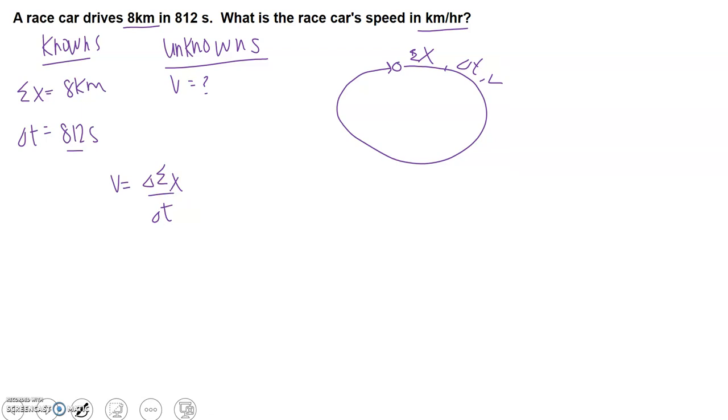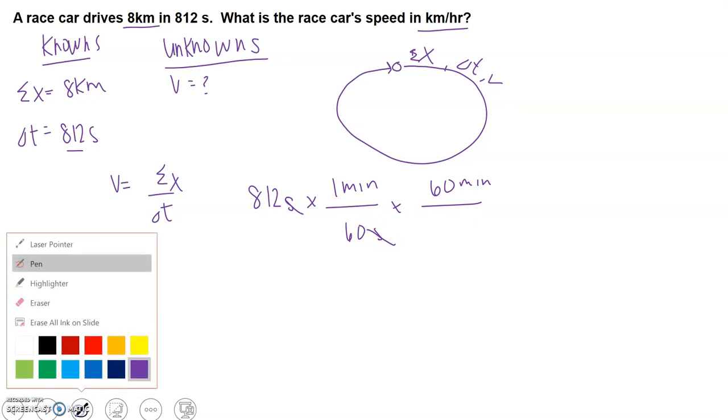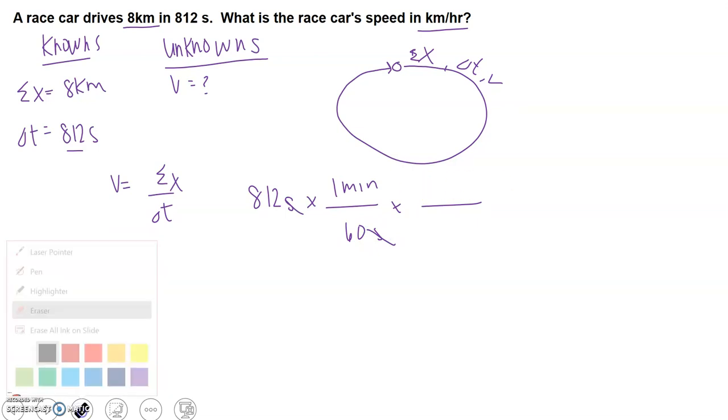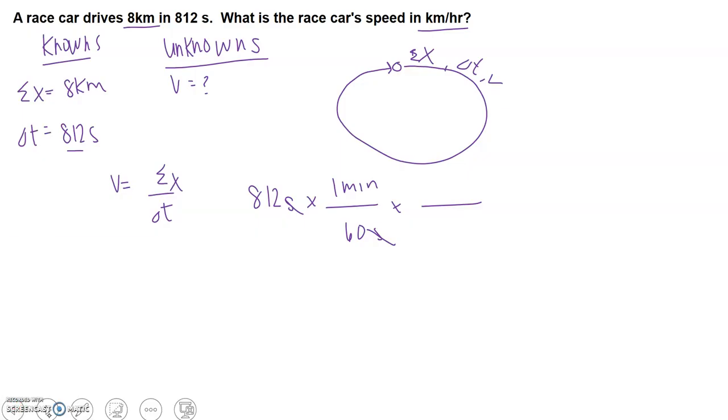So in this case, we don't need to rearrange, right? Because our equation already looks like speed, but we do need to convert that 812 seconds to hours. So we'll say 812 seconds times 1 minute per 60 seconds times 1 hour per 60 minutes.